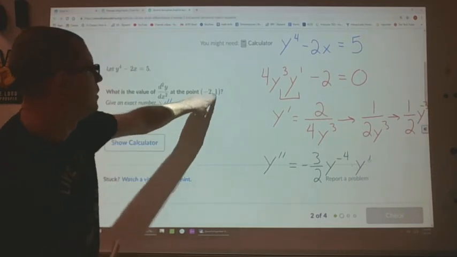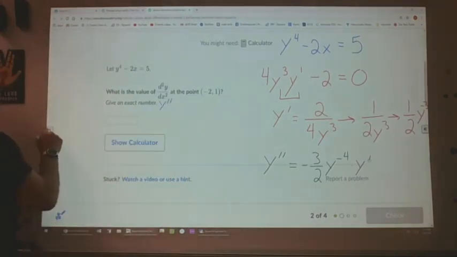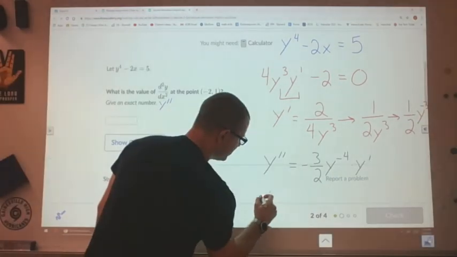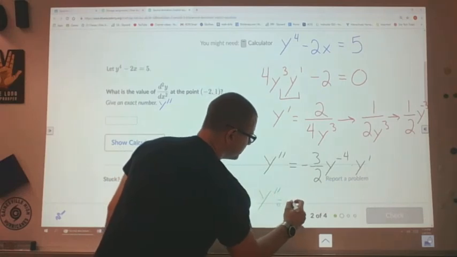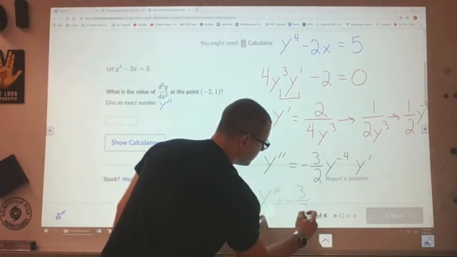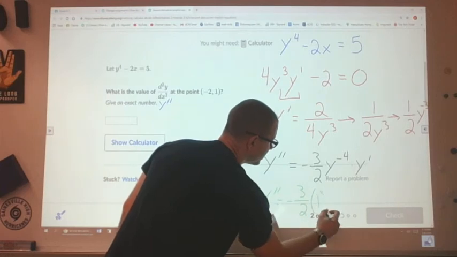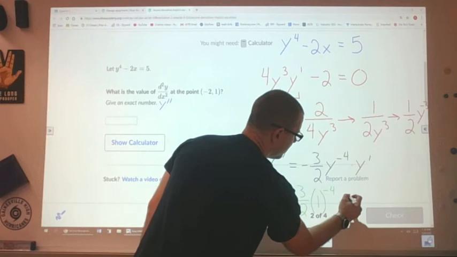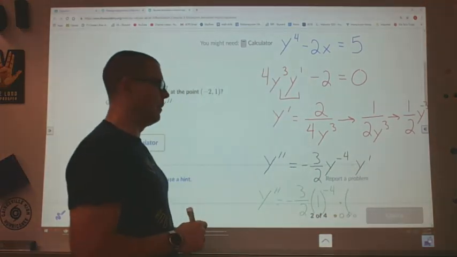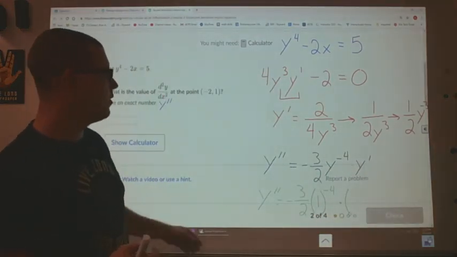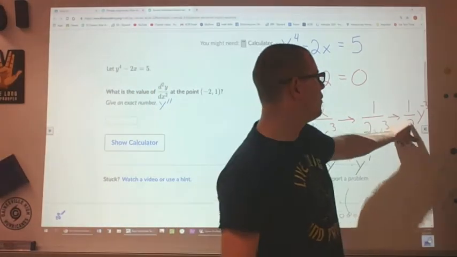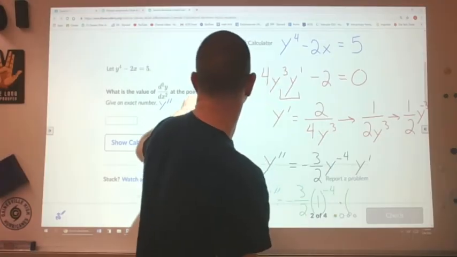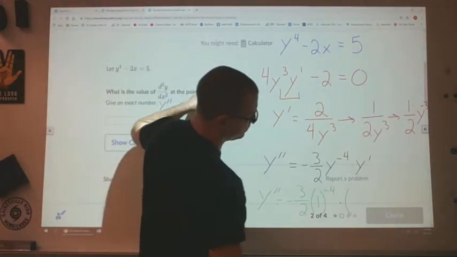We know y is 1. So y double prime is negative 3 halves times 1 to the negative 4 power, and then y prime. I need to know the value of y prime. So I go back up here. Y prime is 1 over 2y to the negative 3 power. If I plug 1 into there, for y, I get 1/2.